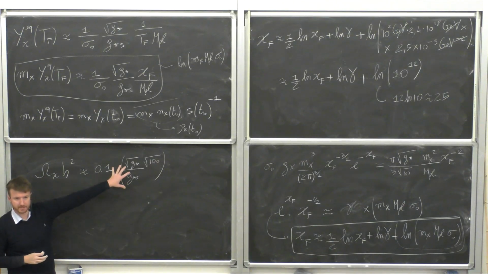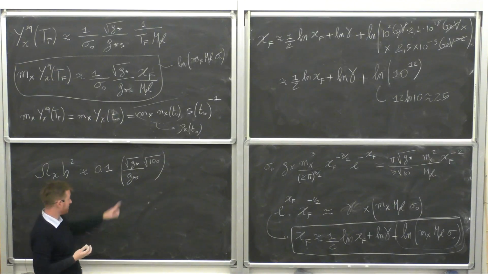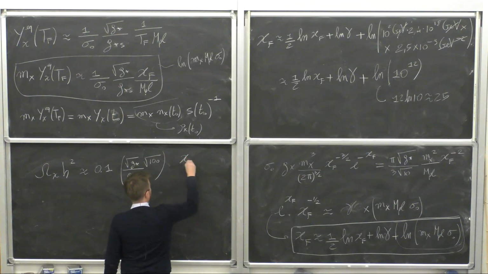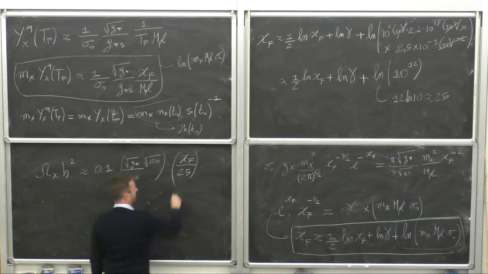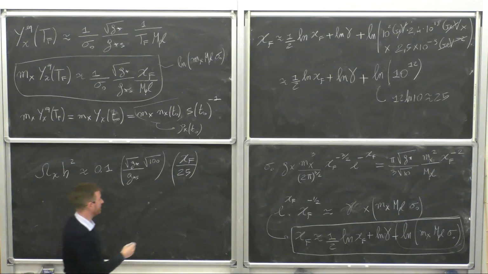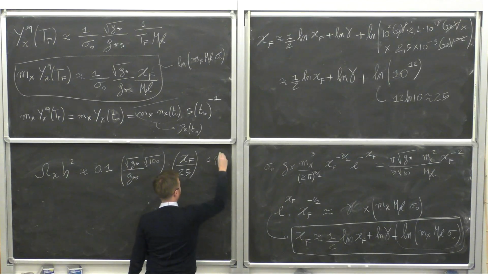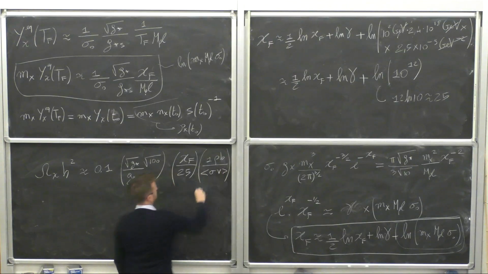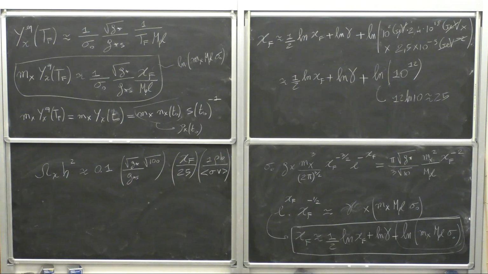So you get a combination equal to 1 if you evaluate that at high temperature. Then you have x_f, which is normalized to 25, which is the number that we just computed. And then you have 1 picobarn over sigma v.